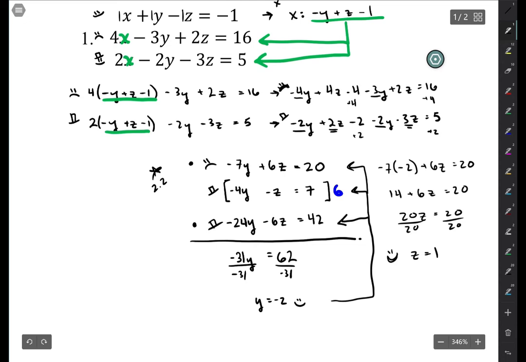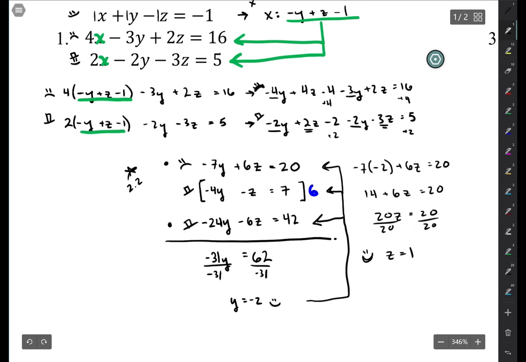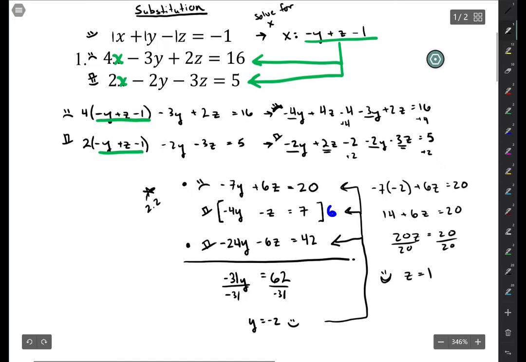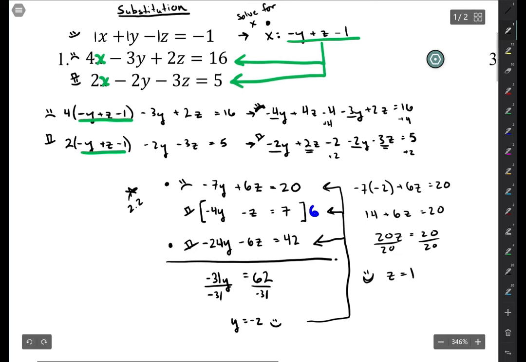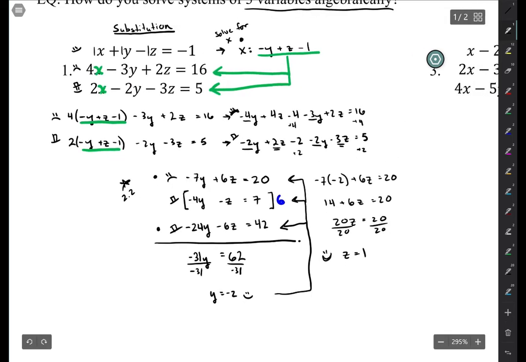We have two variables, and with two variables, you can go right up to the top, and you can pick any of our original smiley, frown, hat, or you could even choose the one we solved. So actually, I'll choose that one because then we'll find x right off the bat. So x is equal to negative of negative 2, which is y, plus 1 minus 1, and then we get x is equal to 2 plus 1 minus 1, x simply equals 2.